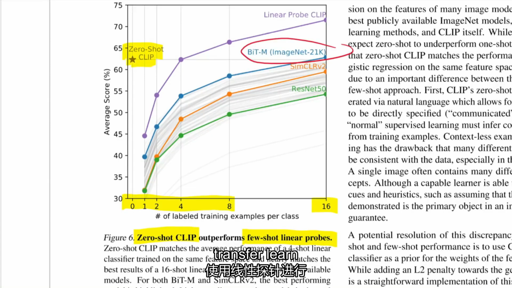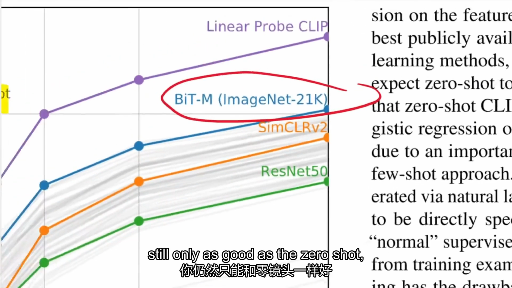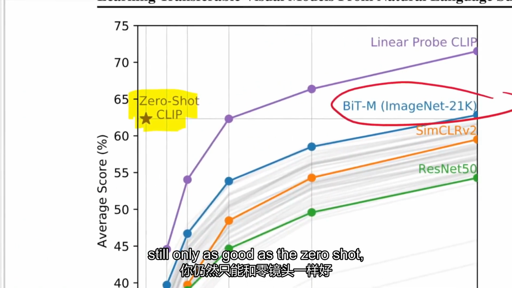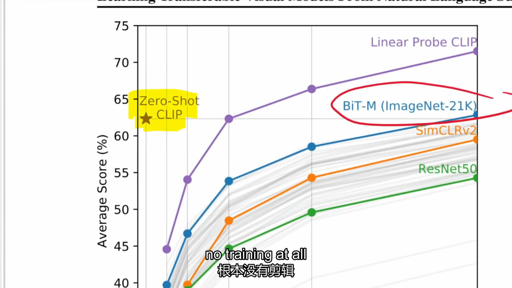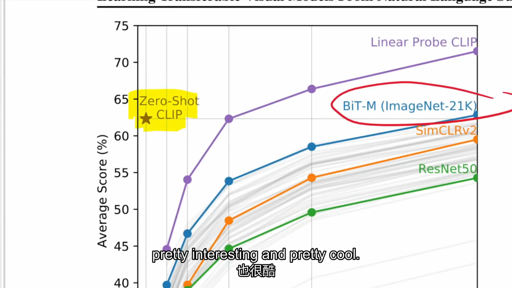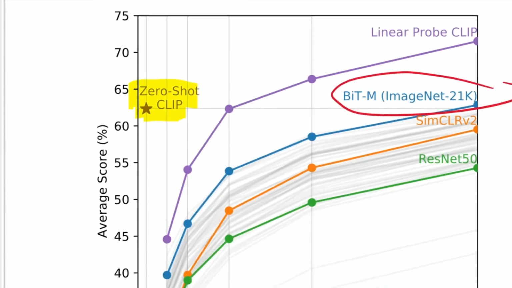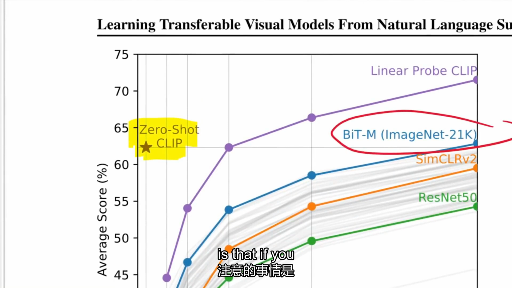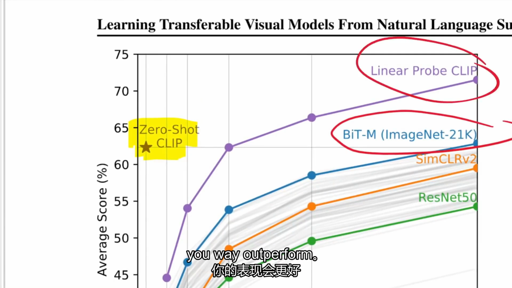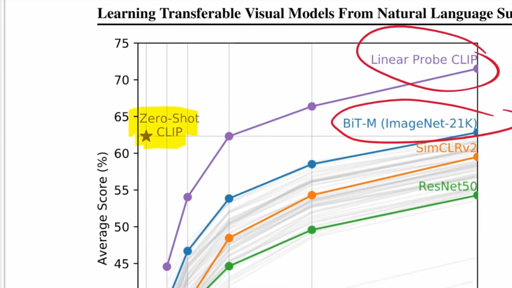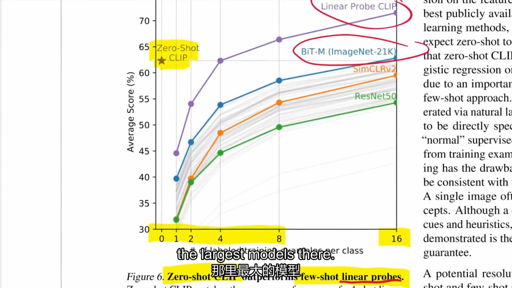So if you transfer learn with a linear probe, again, this is not fine tuning, with a linear probe on 16 samples per class, with this model, you are still only as good as the zero-shot, no training at all, CLIP model. That is pretty interesting and pretty cool. The other noteworthy thing is that if you linearly probe the CLIP model, you way outperform the largest models there.